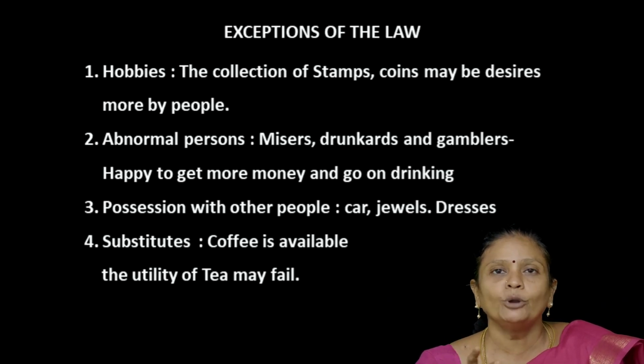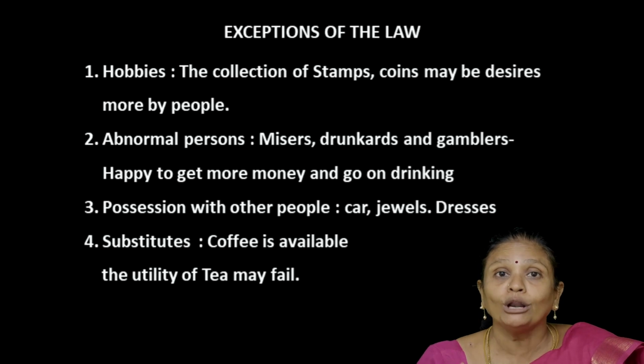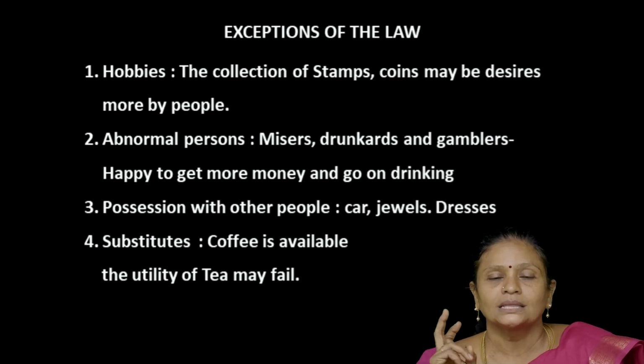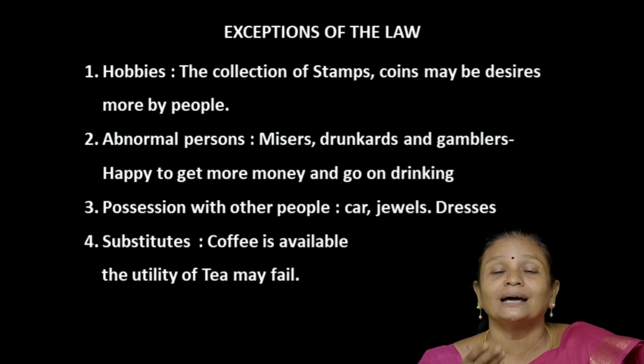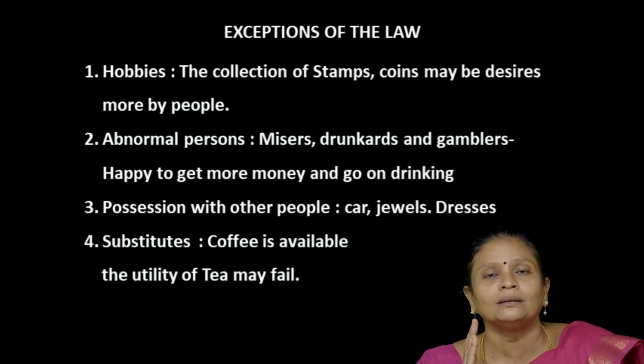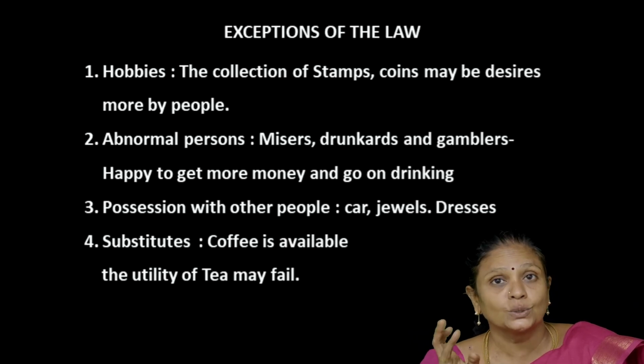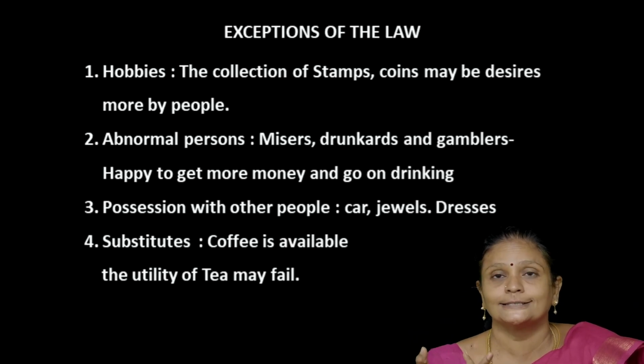The second one is abnormal persons. Abnormal persons means misers, drunkards, gamblers. These people are happy to get more and more money and go on drinking the same. The third one is possession by other people. This is a normal habit of all human beings: cars, luxury items, jewels, dresses.